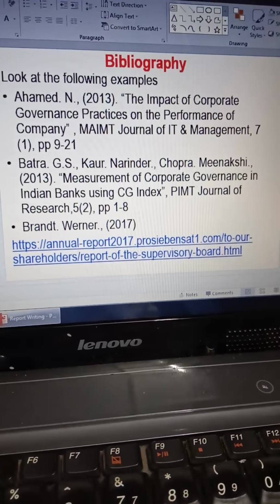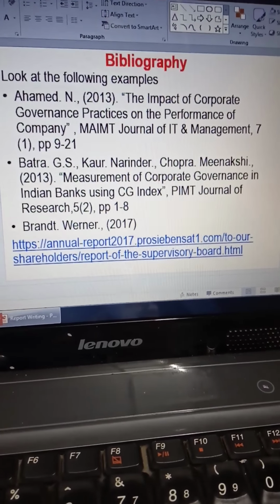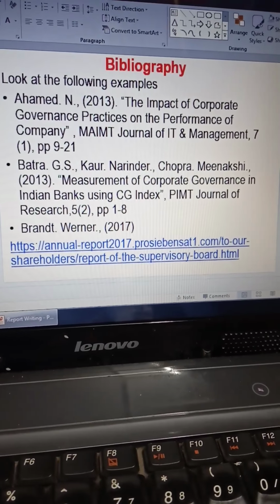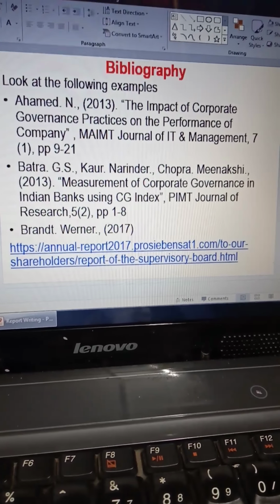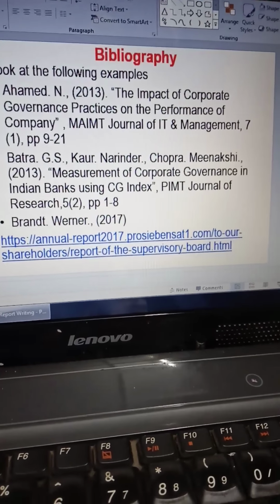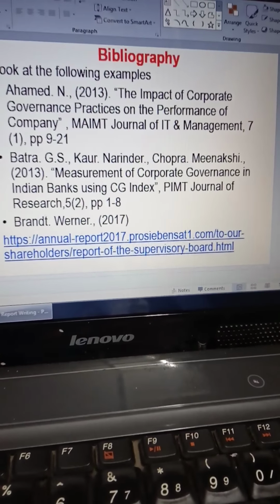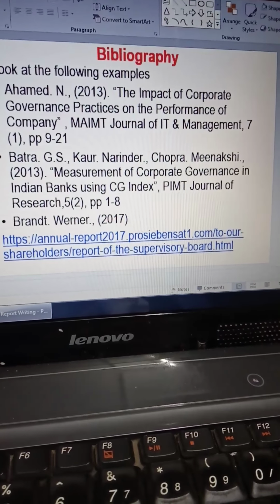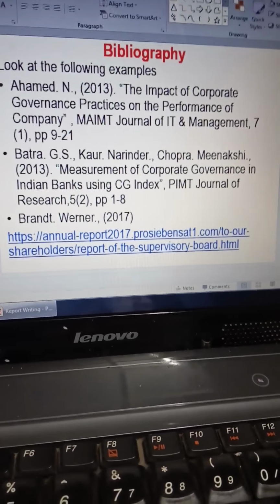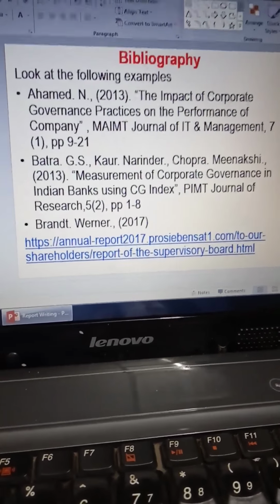The title of the research has to be mentioned. The journal or the publication where it was printed, the name of that journal has to be mentioned. The volume or the issue number of that journal is to be mentioned. Then the pages on which this particular article was published needs to be mentioned.